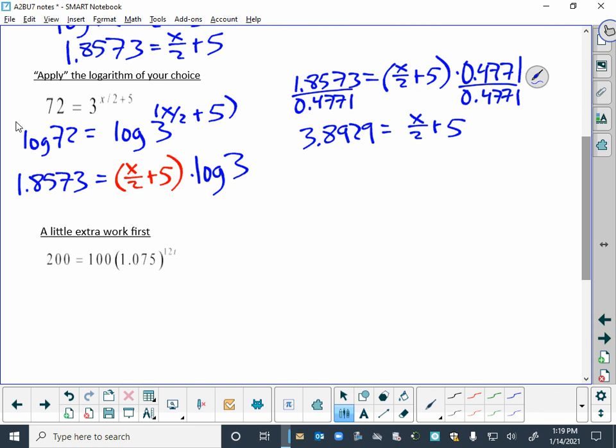Now I'll subtract 5 from that again and multiply by 2, and I get x is approximately equal to negative 2.2142. Okay, no big deal. We can do that.